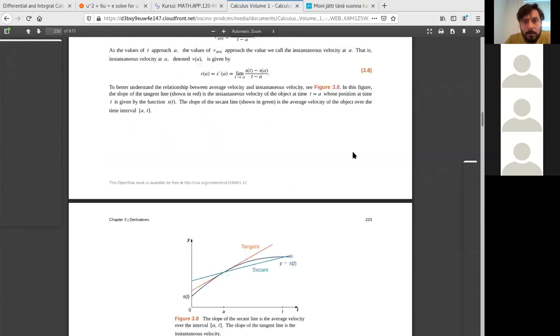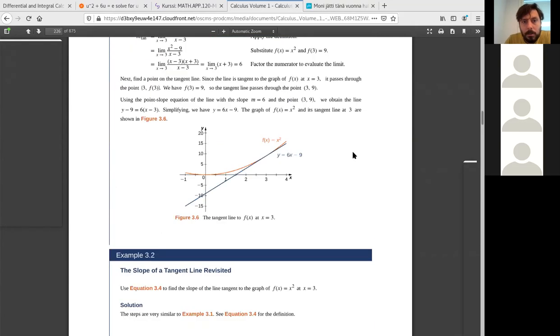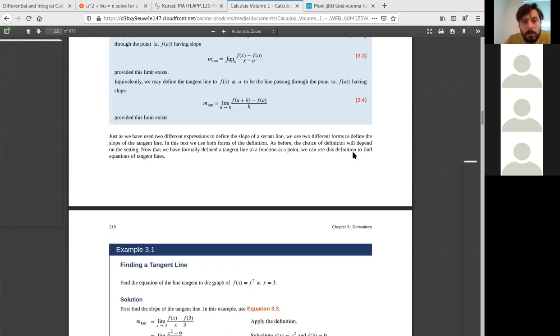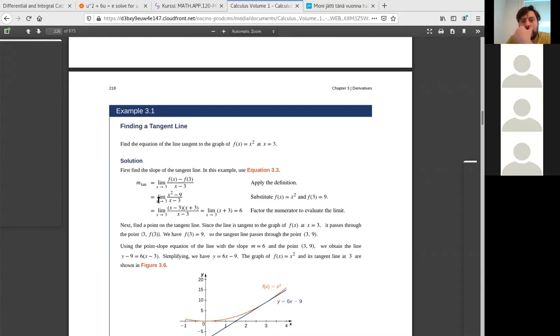Let's go up here. So yes, the slope of the tangent, it's really this m tan, which is f of x minus f at 2. So this is basically the template of how you do it.